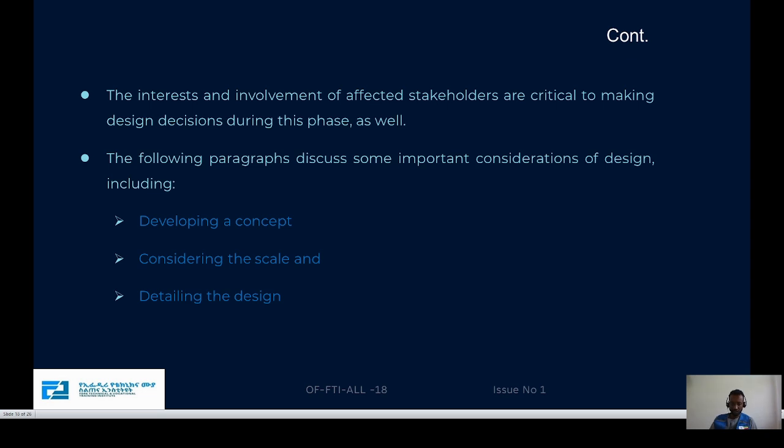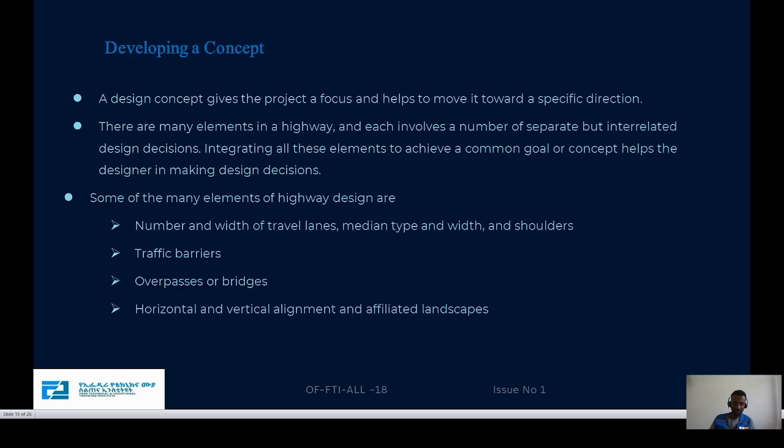In these phases we consider the design, developing a concept, what type of concept, and consider the scale, how many lanes will be added, and also detail the design. Developing concepts gives us a focus and helps us move forward in specific directions. The development concept will be adding one lane.